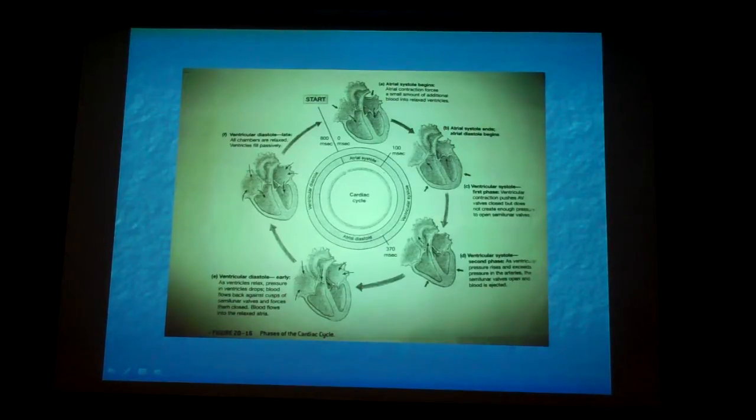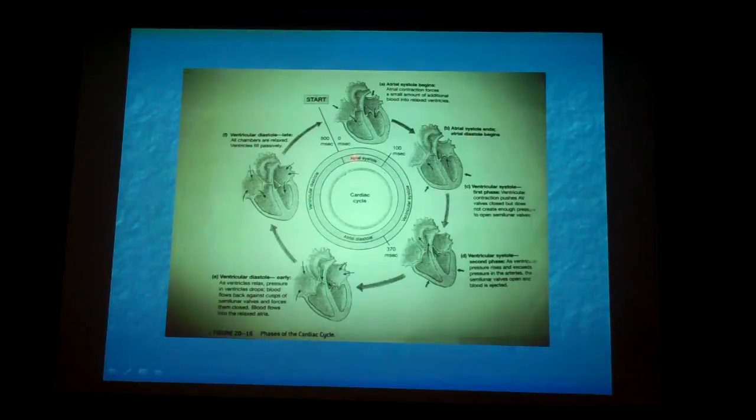This particular cardiac cycle goes from 0 to 800 milliseconds, from 0 to 8/10 of a second. With a cardiac cycle like that, I just happen to know in my head that the heart rate is 75 beats per minute, but more on that later in lab.